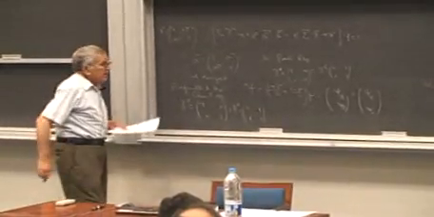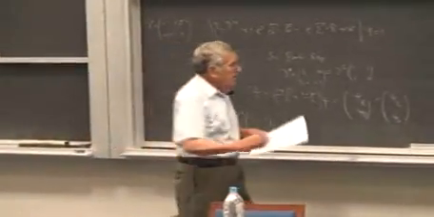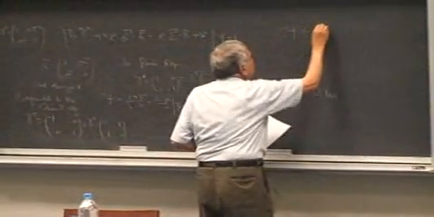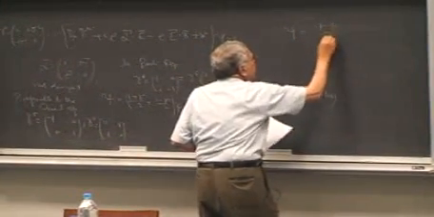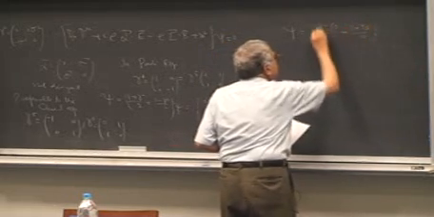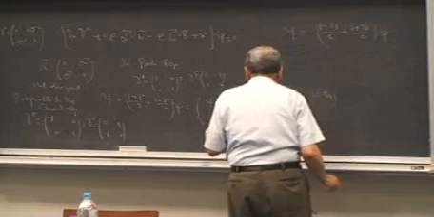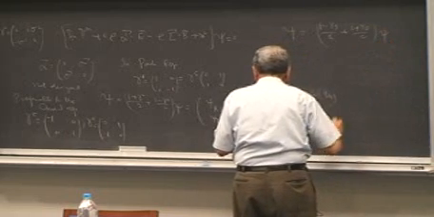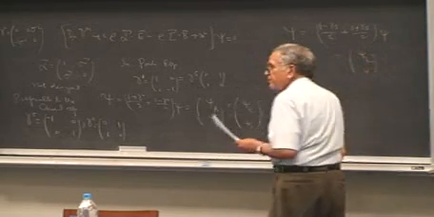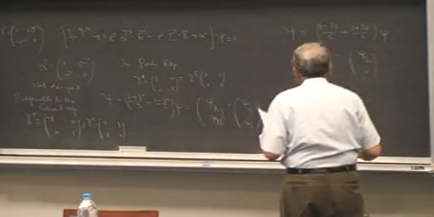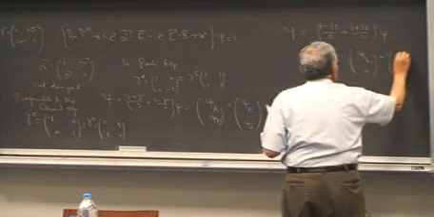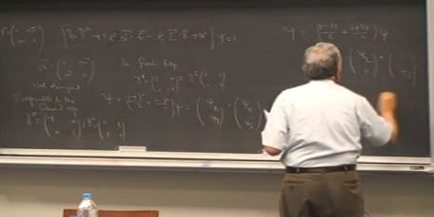Okay, now I can decompose psi as 1 minus gamma 5 over 2 psi, so this will be the left-handed field, and plus we will have here the right-handed field.